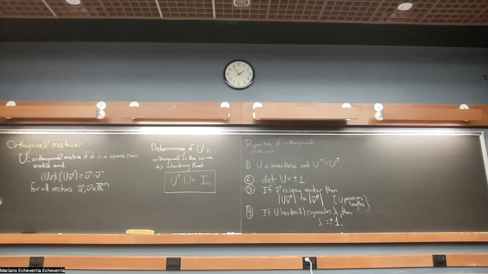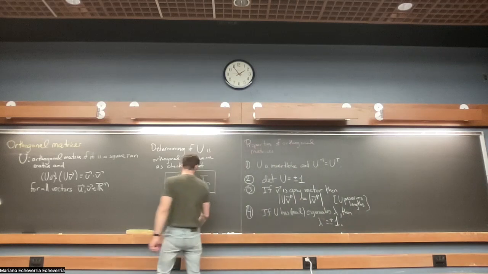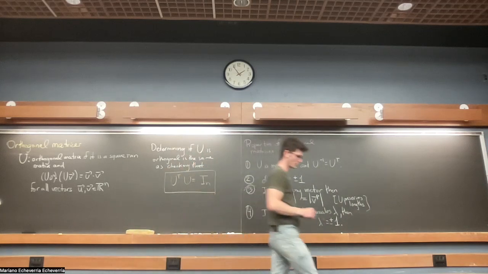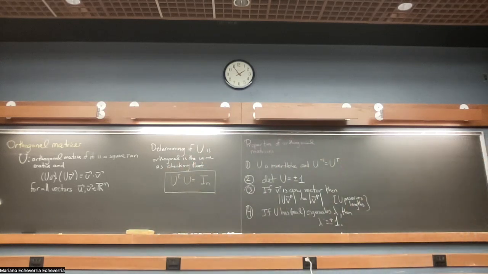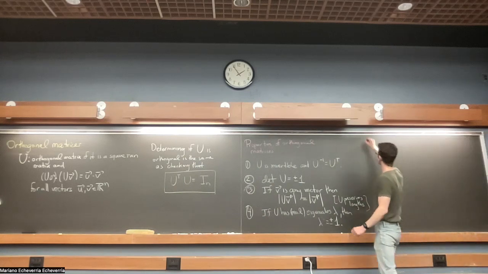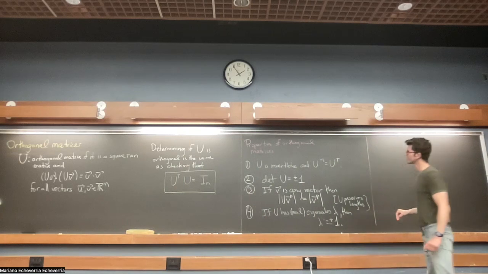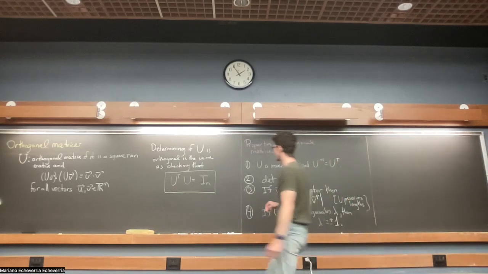So these are the four key properties of orthogonal matrices.